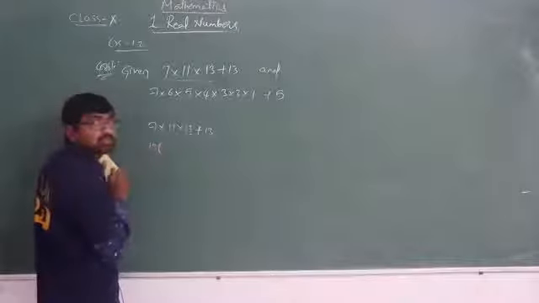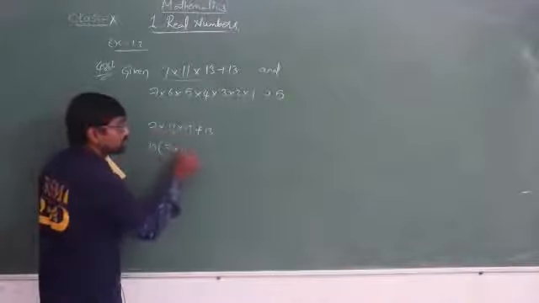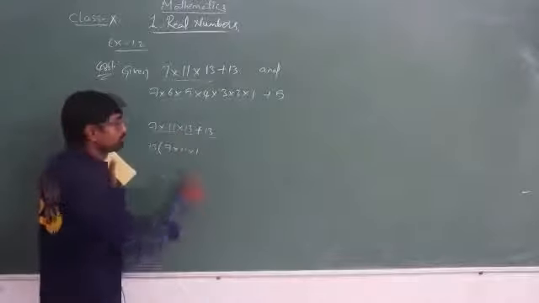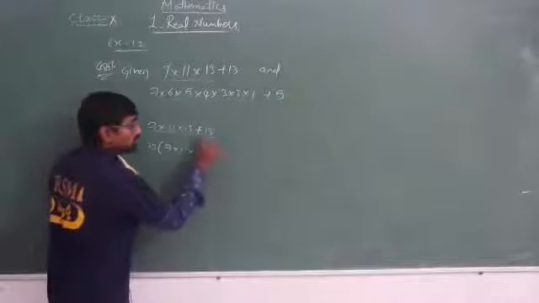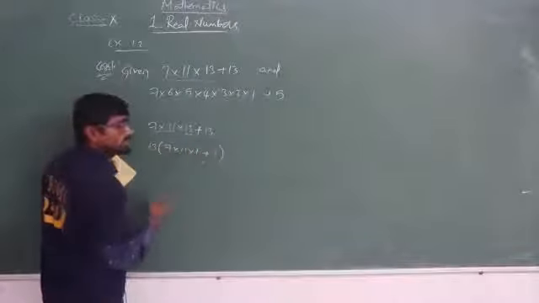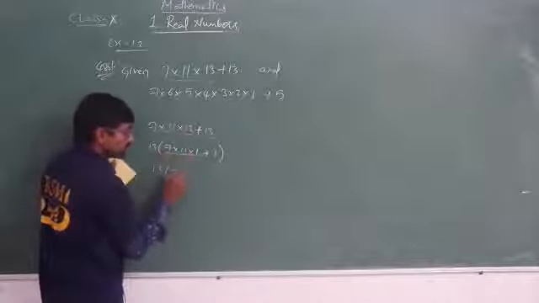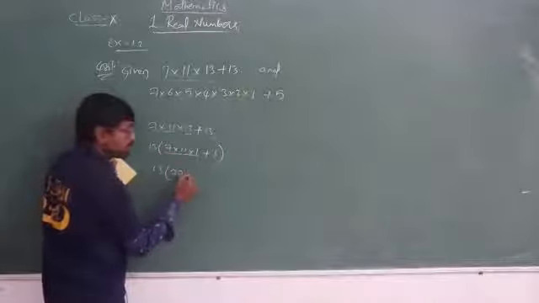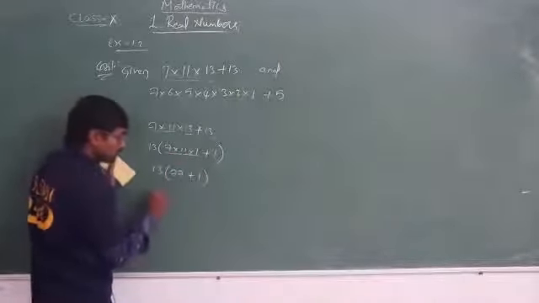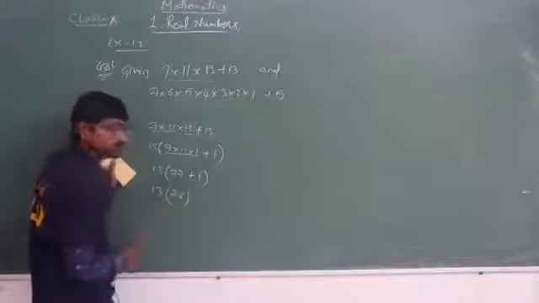If I take 13 common, I will be getting 7 into 11 into 1, plus here 13. I have already taken 13 common, so I will be getting 1 here. Then 13 into 77 plus 1, I will be getting 78.